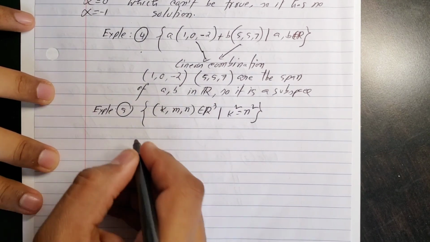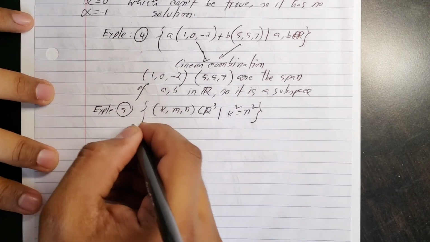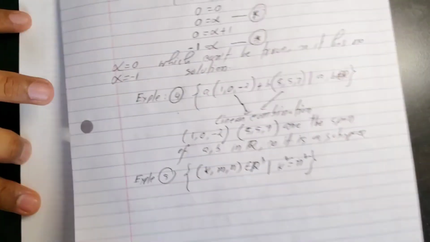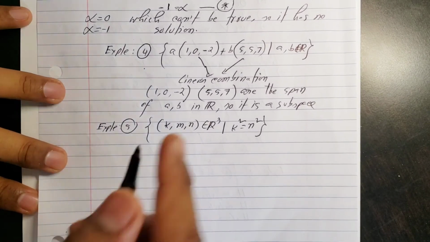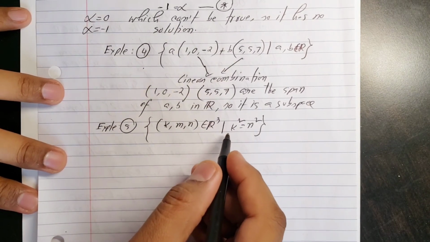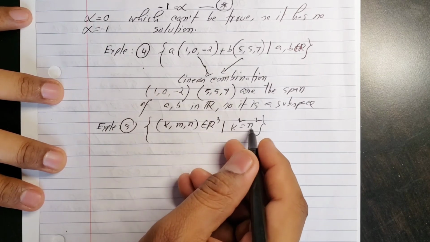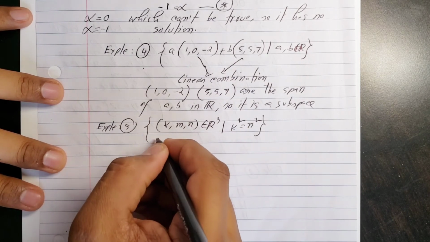So let's test condition 1. We are saying the 0 should be in the vector. Now, if K is 0, we're saying K squared equals N squared.